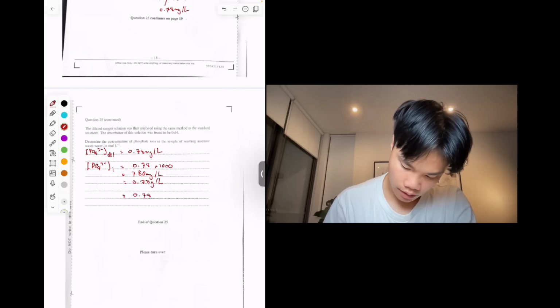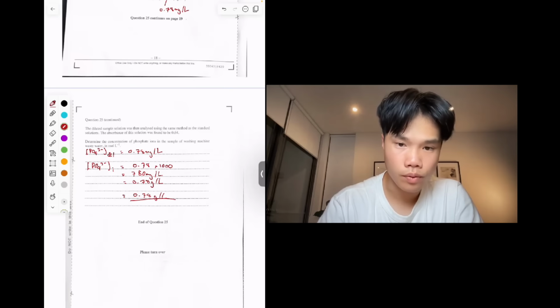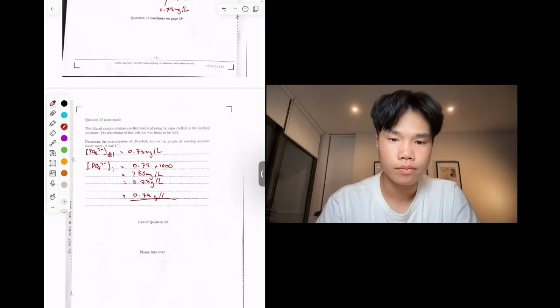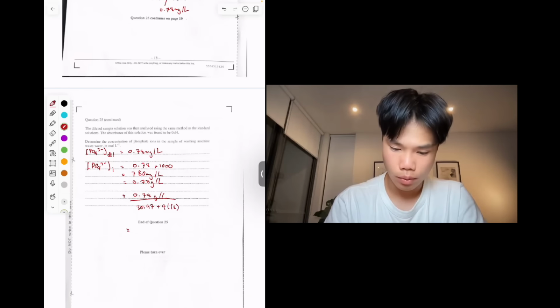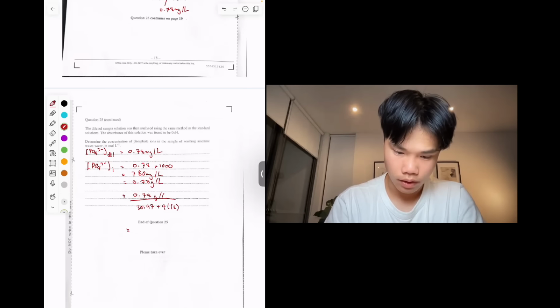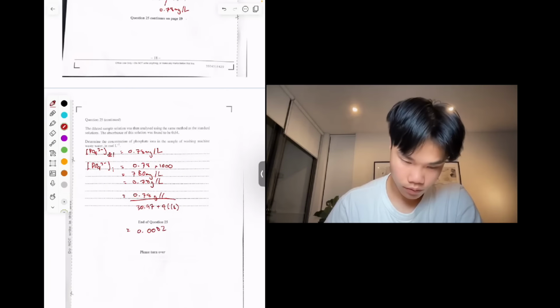so 0.78 grams per liter divided by phosphate, which is from the periodic table, 30.97 plus 4 lots of 16. 0.78 divided by 30.97 plus 64 gives you 0.008213 moles per liter.